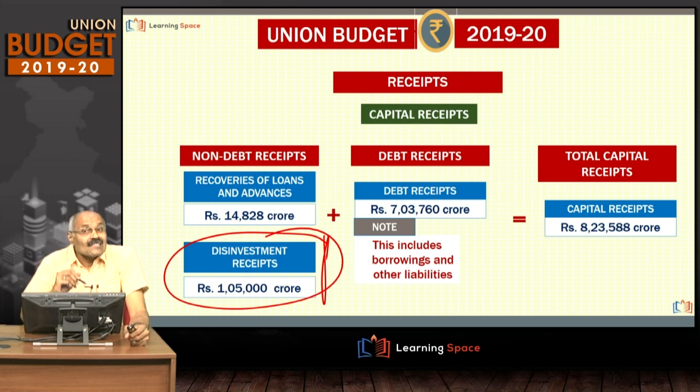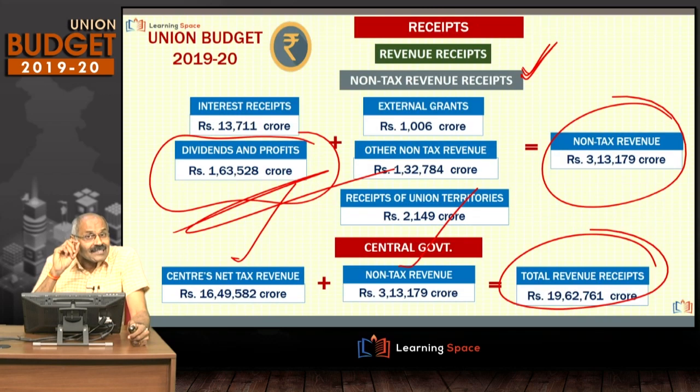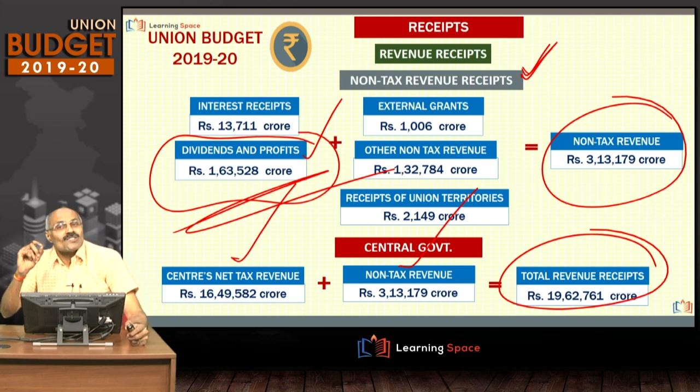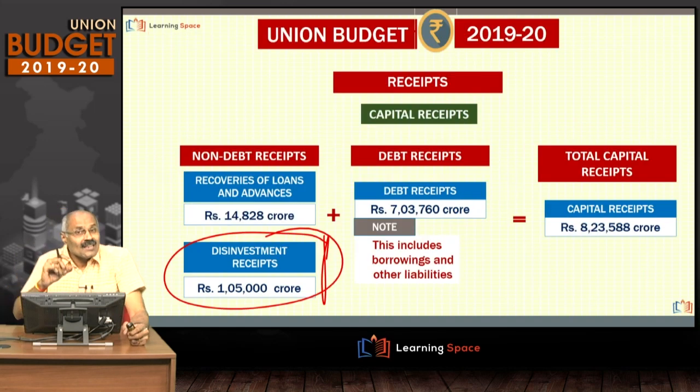So friends, this disinvestment comes from selling the shares of the government in the public sector enterprises. Please understand the difference. In the previous slide, we have seen dividends and profits by the public sector undertakings. That comes under non-tax revenue receipts. But disinvestment proceeds by selling the shares come under capital receipts.